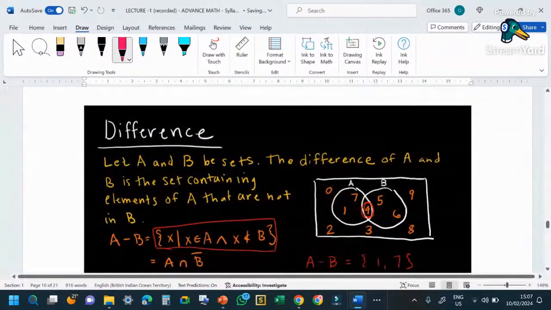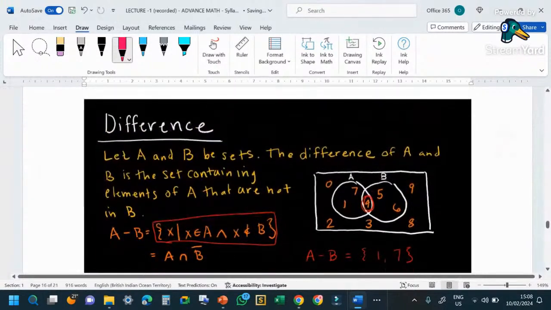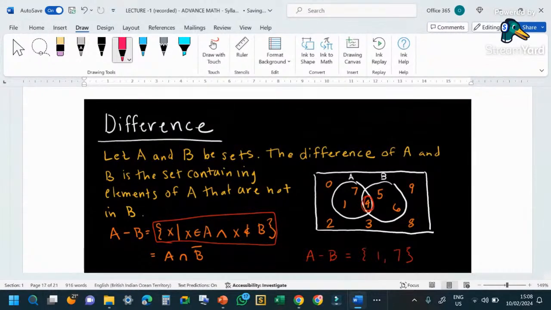All right, so now we go to the difference. The difference, let A and B be sets. The difference of A and B is the set containing elements of A that are not in B. So A minus B is all x's such that x is an element of A. What are the elements of A? 1, 7, 4.